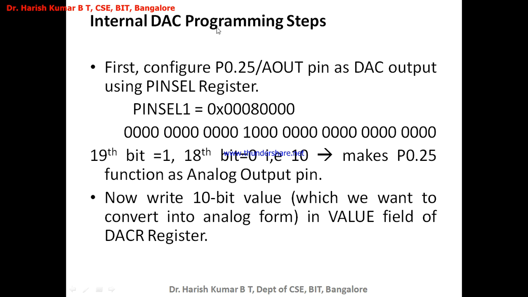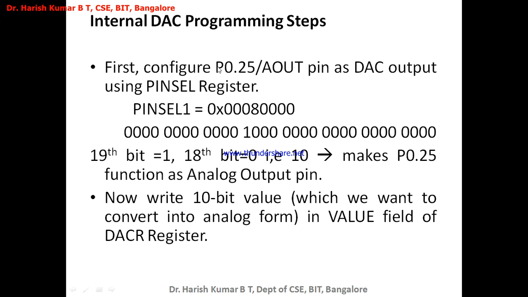Next, what are the steps involved in programming the internal DAC? First, as I already told, P0.25 is necessary because this is the one acting as an analog output pin, internally connected to the DAC. Now how to make this act as analog output? You have to make use of the pin select register, because using the pin select register you can define 4 different functions for each port pin.